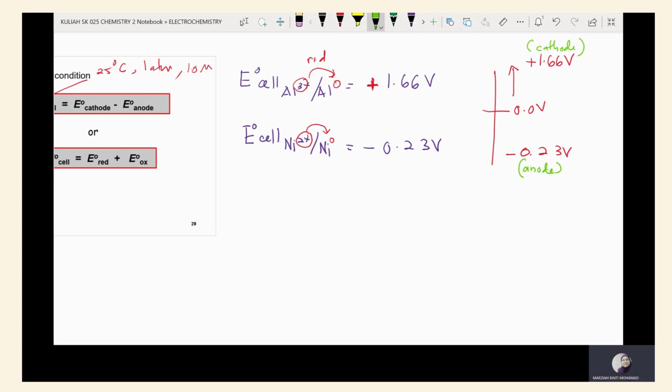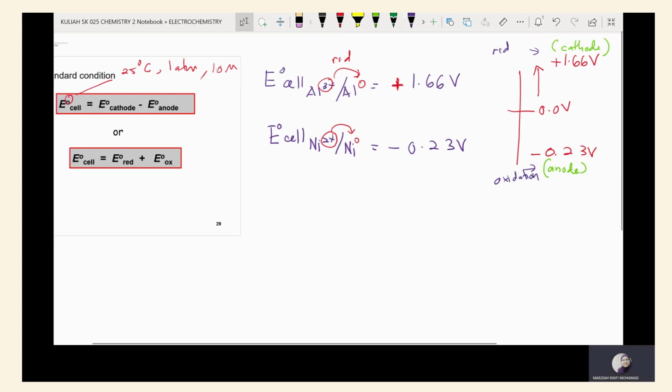We know that reduction occurs at the cathode and oxidation occurs at the anode. If I choose the first formula to determine the E naught cell, the formula will be like this: E naught cell equals E naught cathode minus E naught anode.